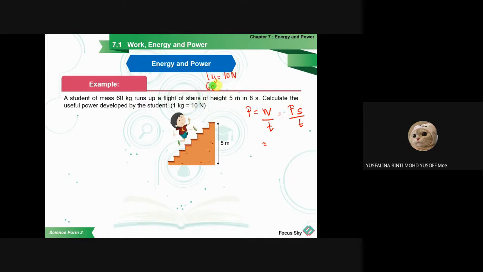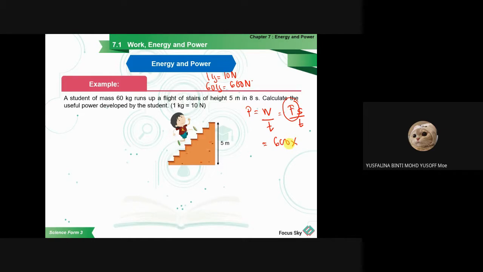If 60 kg, it will be 600 Newton. Remember, the unit of force must be Newton. If there is no Newton, it means there is a mass, so you have to convert the mass to Newton first. So here you got 600.